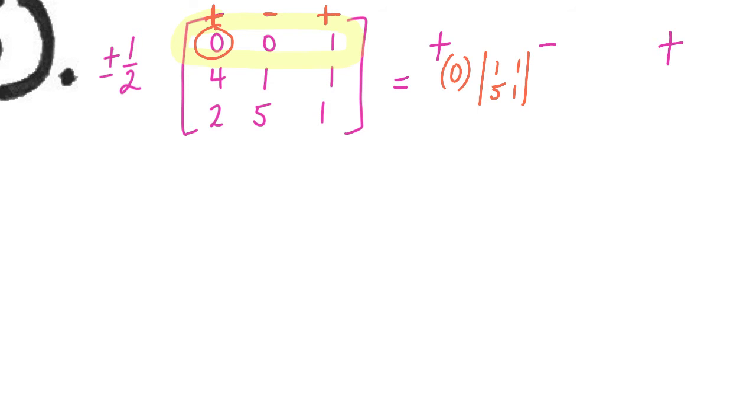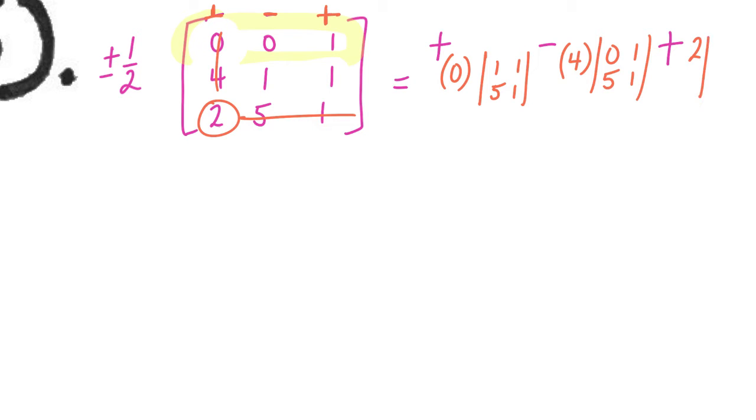And then we have minus, so remember that goes there. And I'm going to take that 4 and multiply it by the determinant 0, 1, 5, 1. And then we're going to take the 2 and multiply it by the determinant, 0, 1, 1, 1.